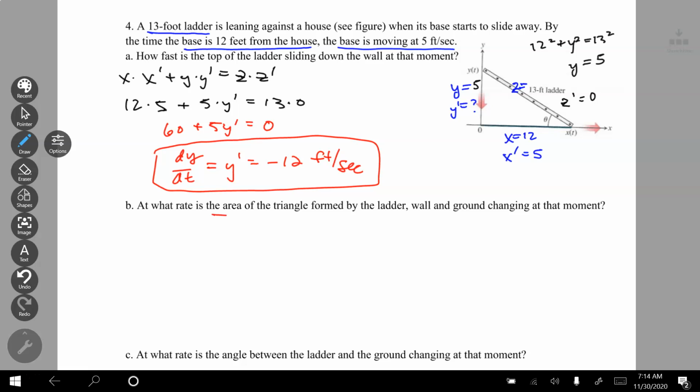Then I figure what the area of this triangle formed is. Well, area of a triangle is 1/2 base times height, or particularly for this one, it's 1/2 x times y.